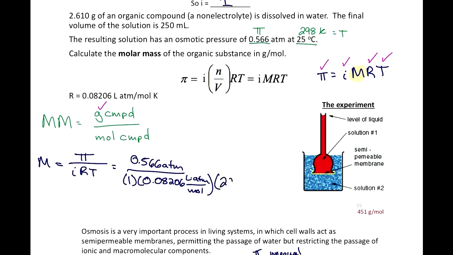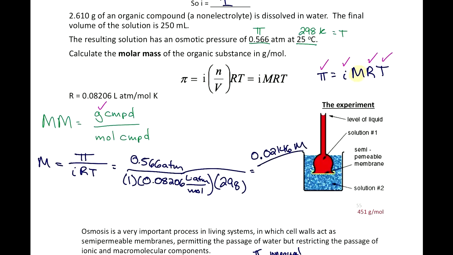And temperature is always in Kelvin, so 298. All right, and so you get that the molarity of this solution with this particular osmotic pressure is 0.0214 molarity. I think there's a 6 in there somewhere.